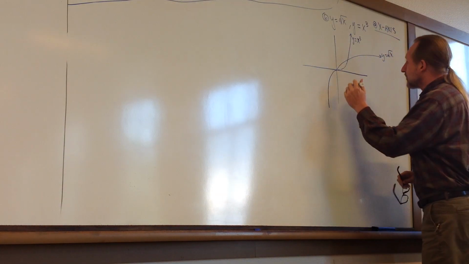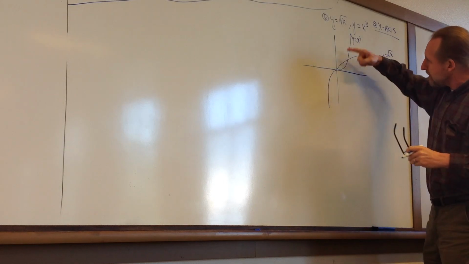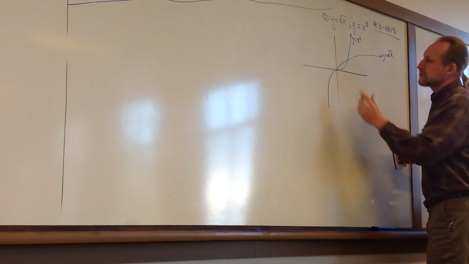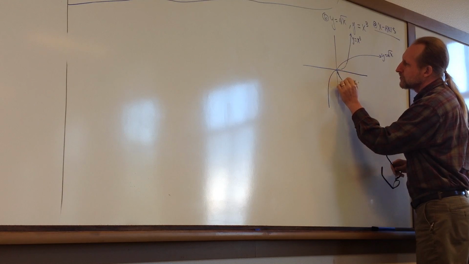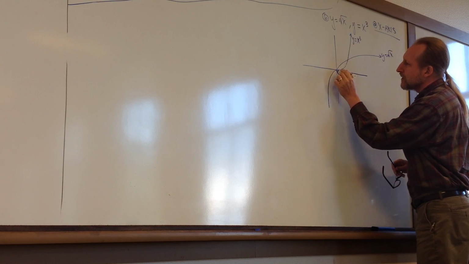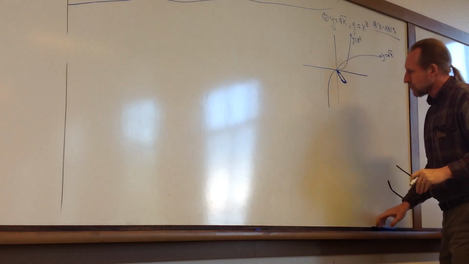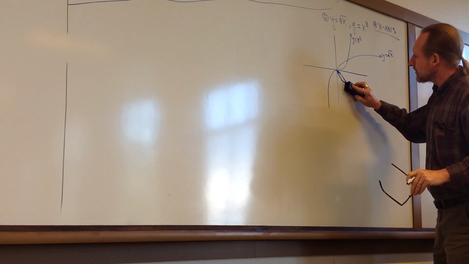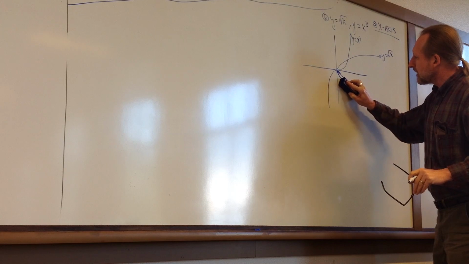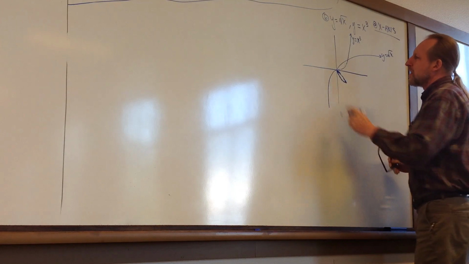Now to draw the rotation of this around the x-axis, what I normally do is just draw a little sort of mirror image over on the other side. That's not a great depiction of what's going on, but I never claim to be a great artist.